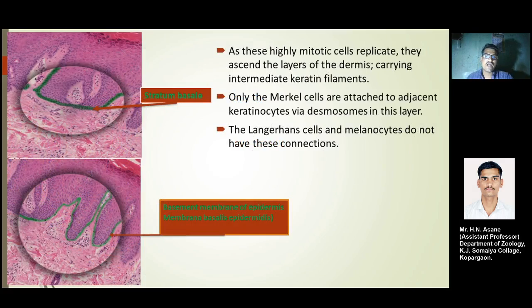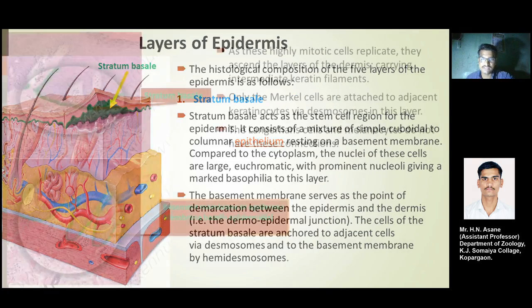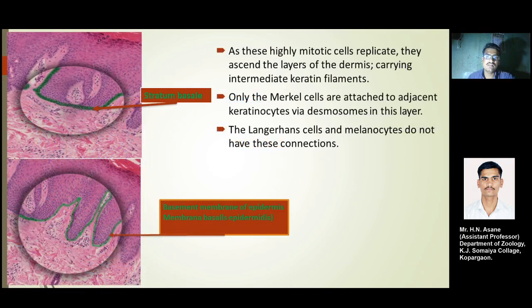As the stratum basale layer, the very first layer, has highly mitotic cells, they are called the stem cells of the epidermis. They replicate and ascend through the layers of the epidermis carrying intermediate keratin filaments.